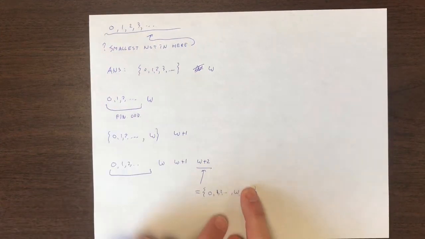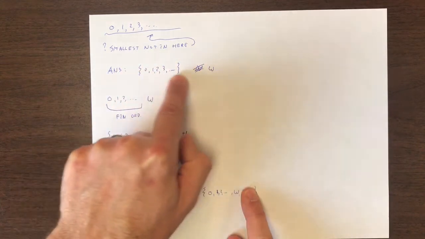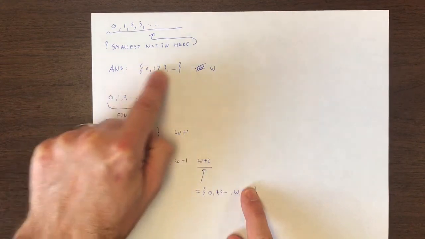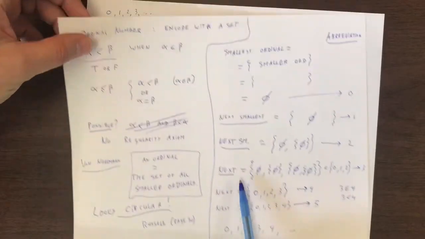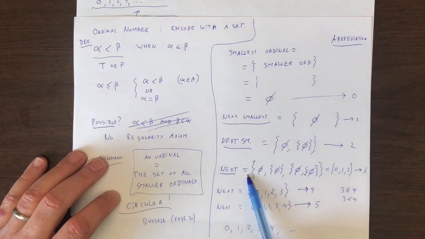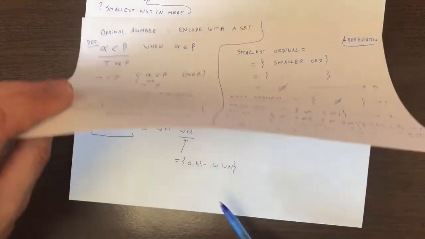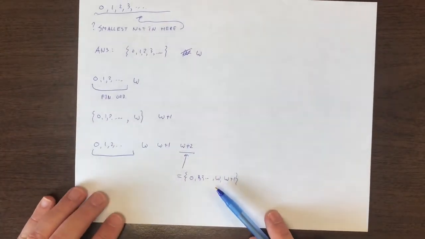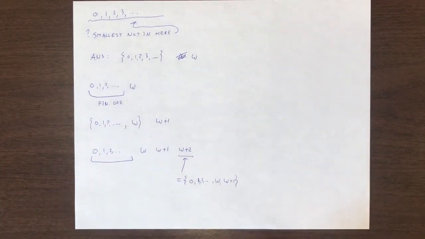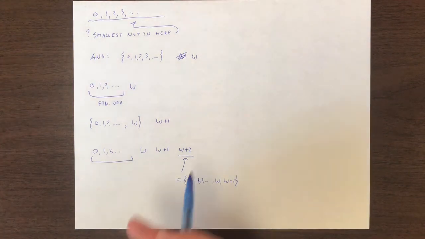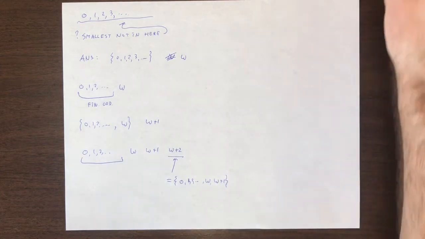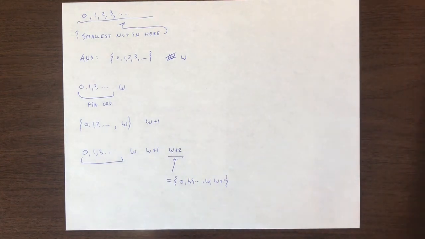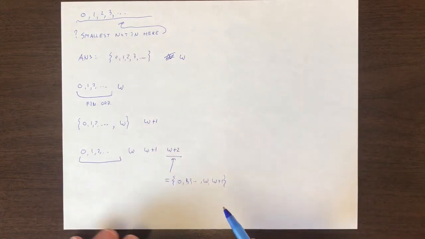And omega itself is also an abbreviation. It's just a short notation for this set. But you can't really spell all of that out, because then the notation just gets really, really too long. So we have to have these abbreviations. Okay, so now you see how ordinal numbers are defined, and let's look at some of their properties.